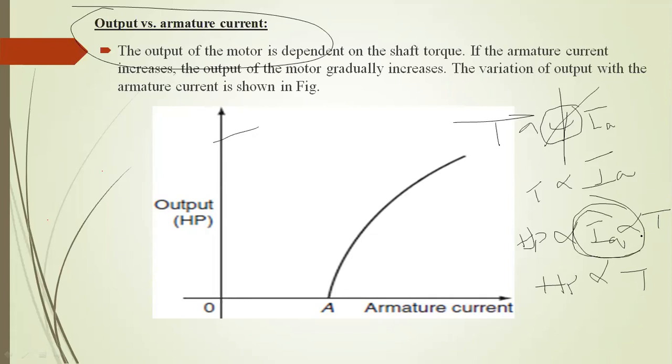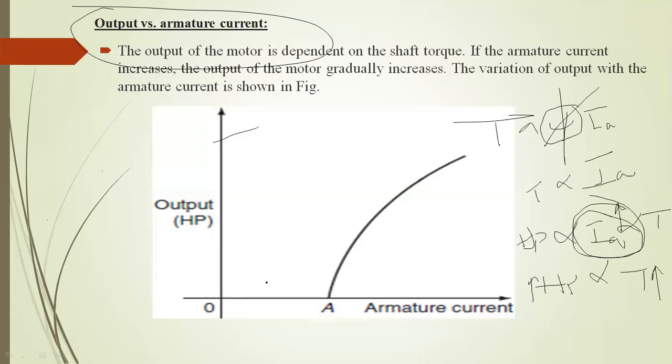So if we increase the armature current, what will happen? The output power is also going to increase. If the output power increases, then the torque is also going to increase.